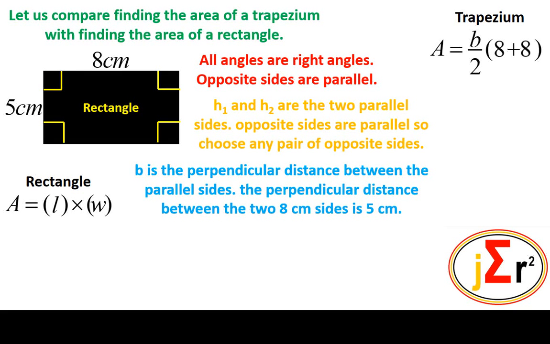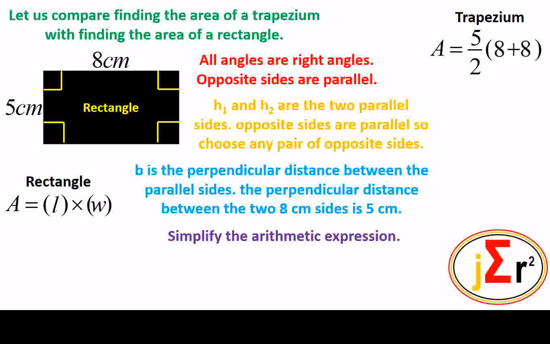The perpendicular distance between the two 8 centimeter sides is 5 centimeters. Since all angles are right angles, any way we look at it, this side will be perpendicular to the two parallel sides that we have chosen, and it is 5 centimeters.